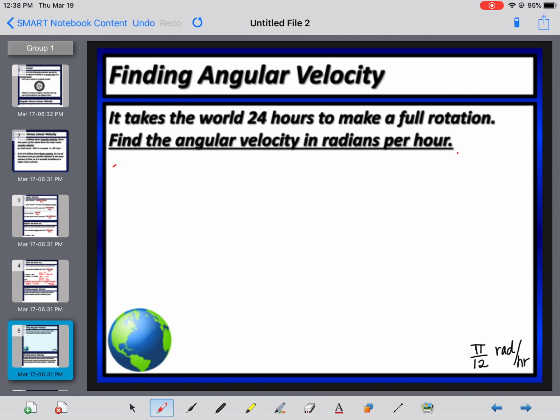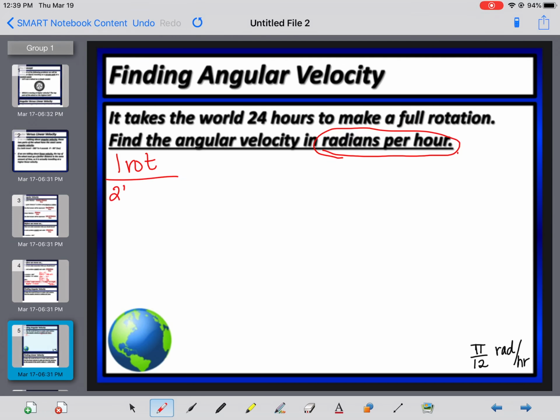So if it takes the world 24 hours to make a full rotation, we're going to find the angular velocity in radians per hour. So this is the conversion that I'm trying to end in. We always want to start with a rotation over a time. So it takes 24 hours to make 1 full rotation.